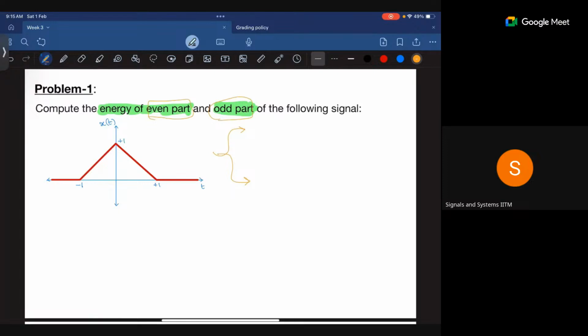Since this is easy, if at all you have to compute the energy of the even part and odd part, the even part will just become the energy of the signal itself, and the odd part energy will be, how does the odd part of this signal look?